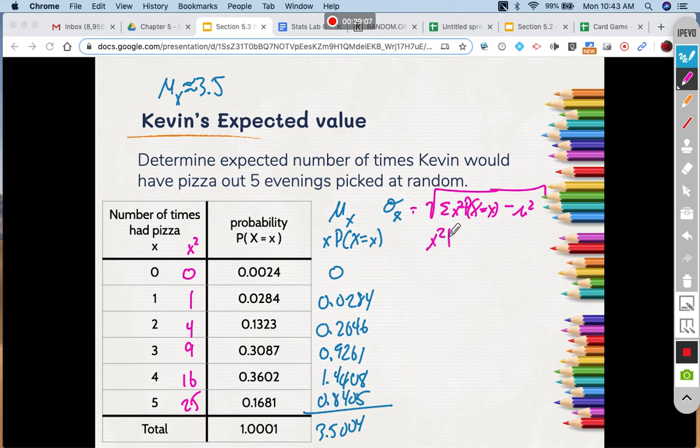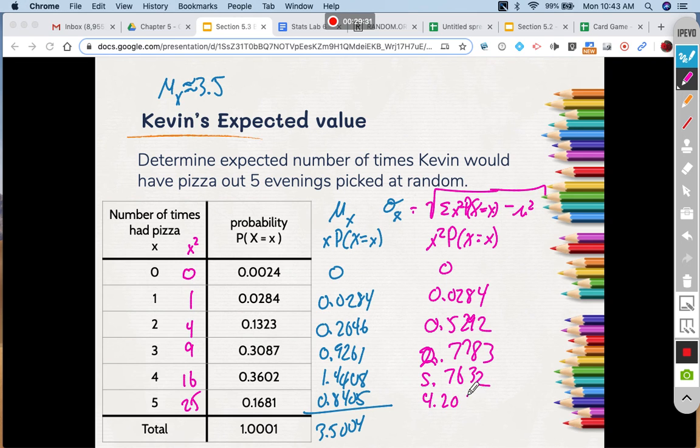I multiply by the probability that X equals x and get 0.0284, 0.5292, 2.7783, 5.7632, 4.2025, giving me a total of 13.3016.